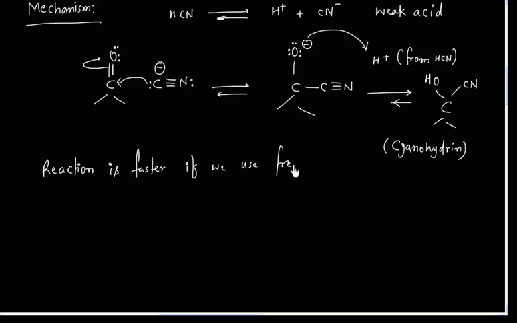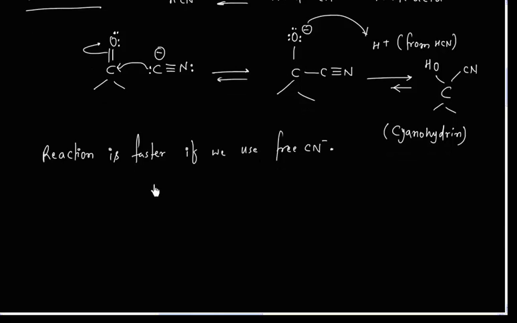This reaction is faster if we use free CN-, and free CN- can be generated either by adding KCN into the solution or by adding some base into the solution, and this base will react with HCN to give free CN-.